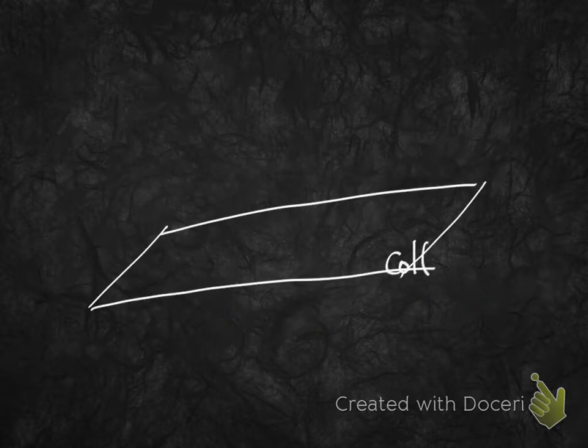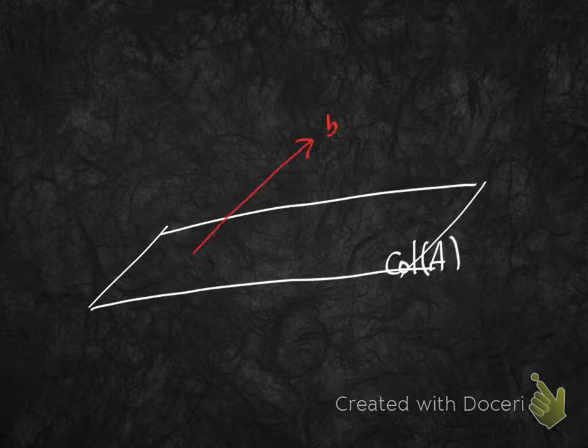So let's take a look at a picture of what that looks like. So here's the column space of A, and there's my vector b. So A x hat is going to be in the column space of A, right? Because A times x hat is just some linear combination of the columns of A. It's this vector I've drawn here.